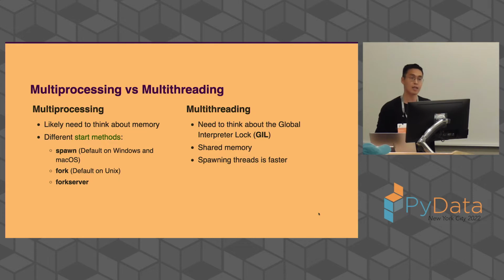And a lot of things do, like NumPy usually releases the GIL. But you have to be sure of this when using multi-threading. There's also the matter of shared memory, where with multiprocessing you have to pass memory around, which I'll get into in another bit.